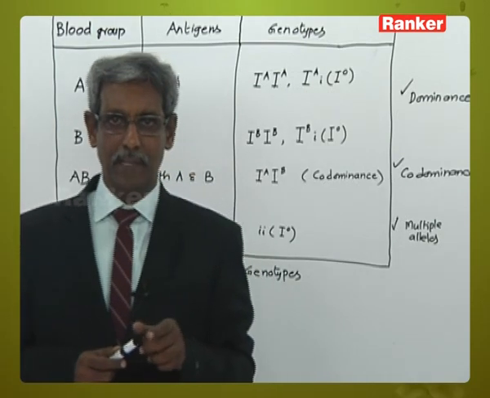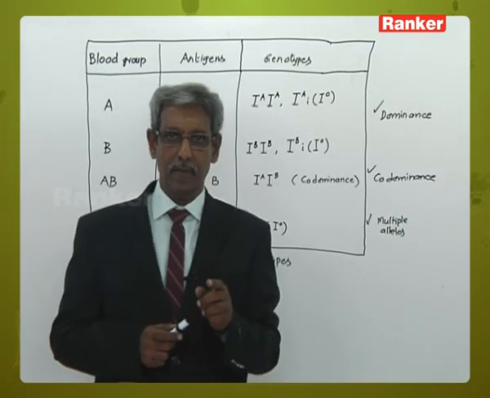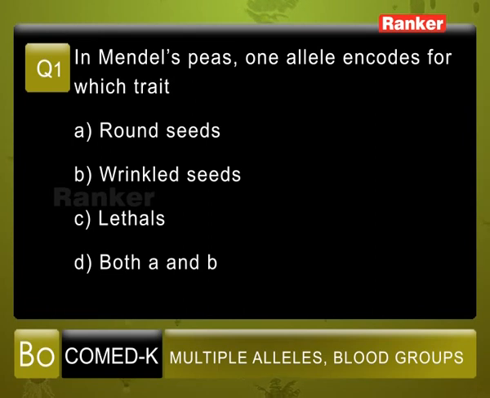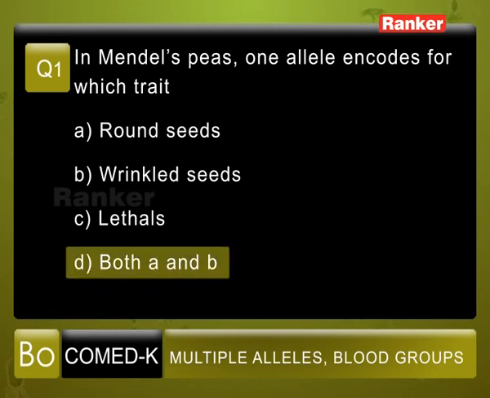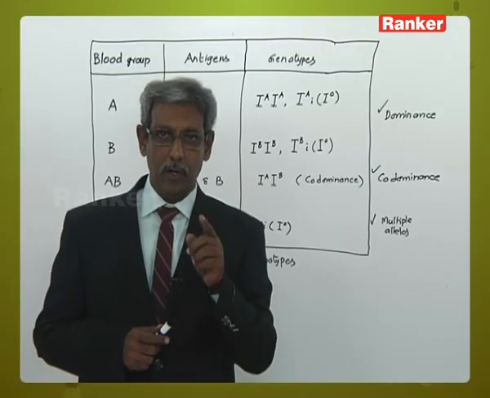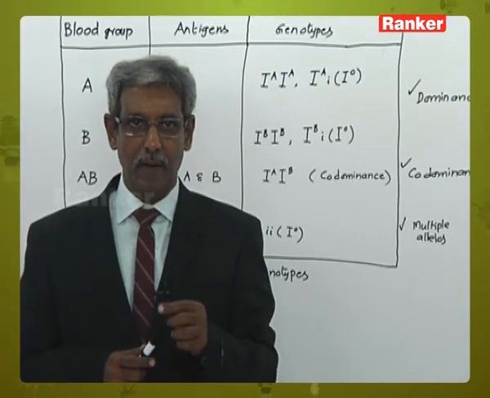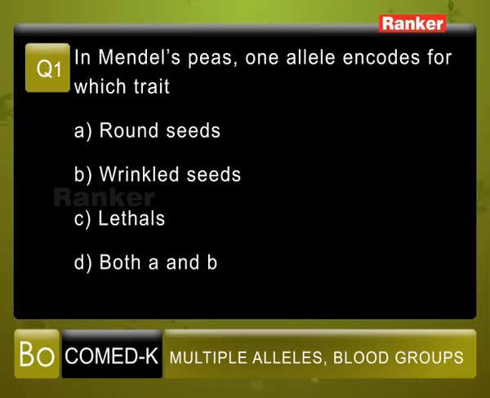So in the first objective bit, an allele represents both round seeds as well as wrinkled seeds. Thereby the correct answer is D, which says rounded seeds as well as wrinkled seeds, both dominant and recessive, which you have read in Mendelism, and lethal genes are avoided. Thereby the correct answer is D.